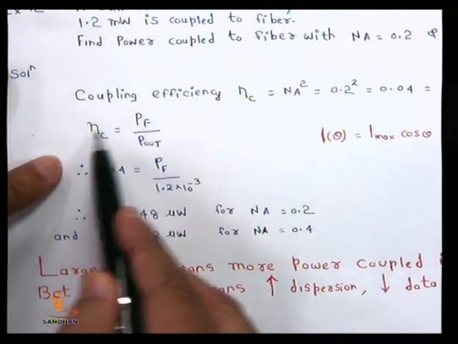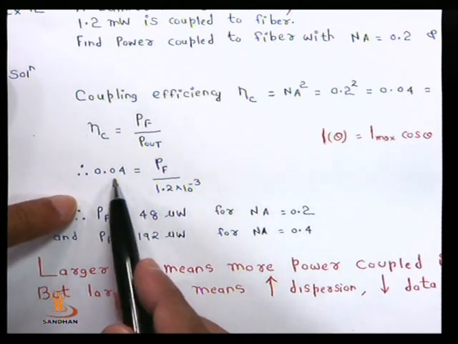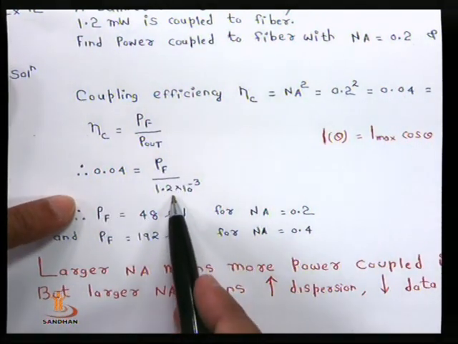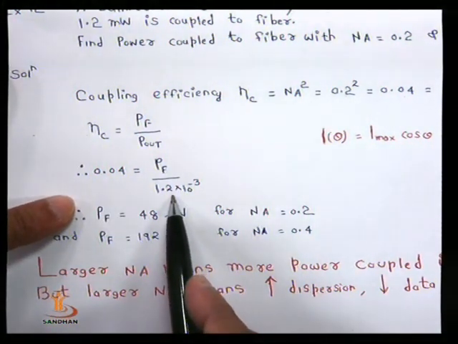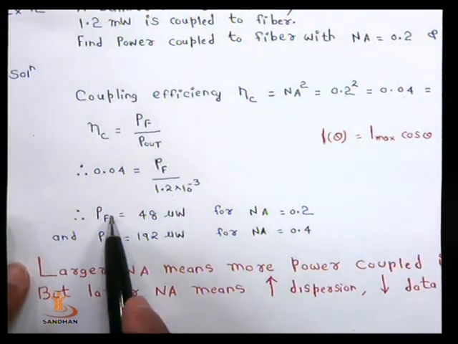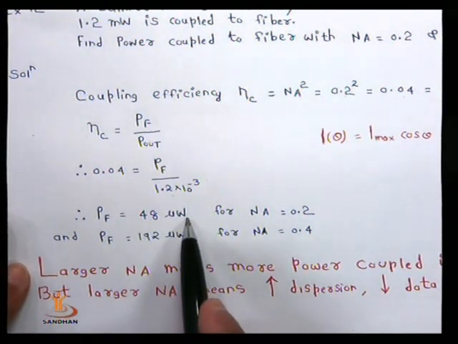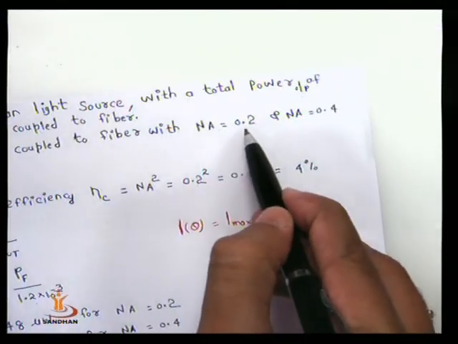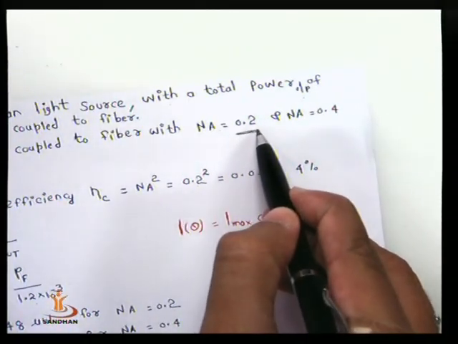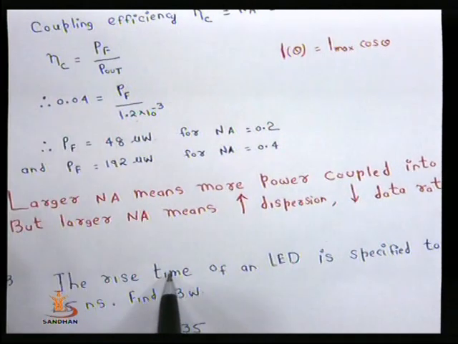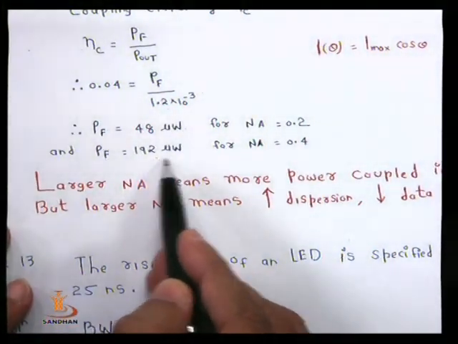Coupling efficiency is PF upon P out, which is 0.04. P out is given as 1.2 milliwatt. So PF is 48 microwatt. This is for the numerical aperture 0.2. Now if you calculate for 0.4, we get PF equal to 192 microwatt.